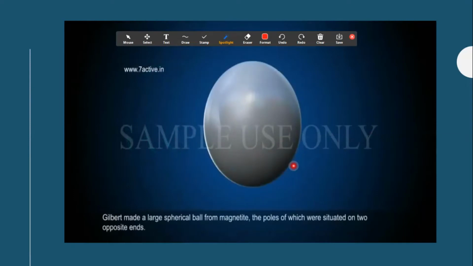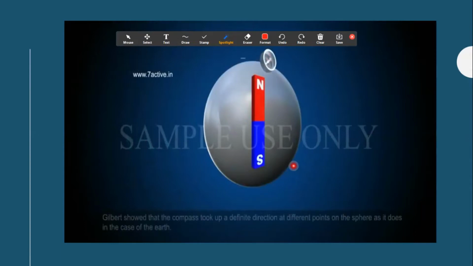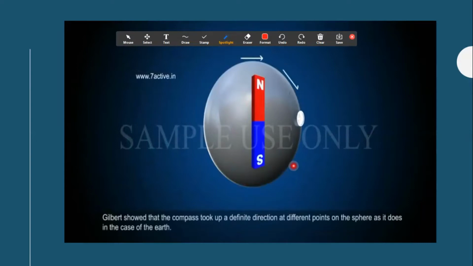Gilbert made a large spherical ball from magnetite, the poles of which were situated on two opposite ends. By placing a small magnetic compass on this magnetite sphere, Gilbert showed that the compass took up a definite direction at different points on the sphere as it does in the case of the Earth.